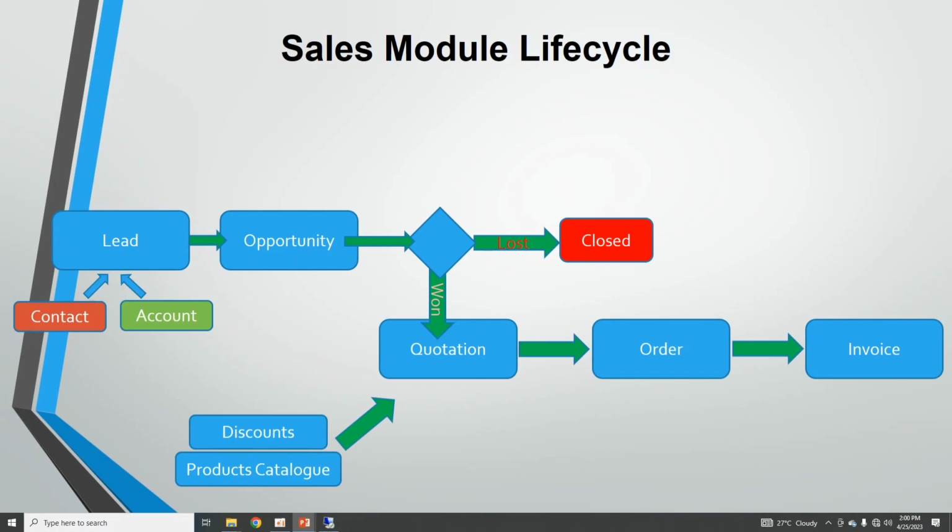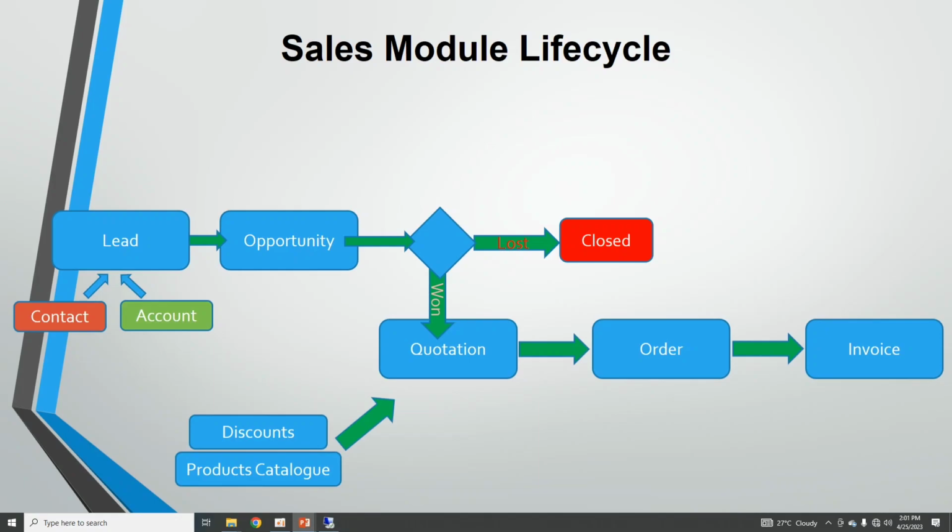If we talk about the sales module, this is the overall process, in which the lead, either a contact or an account, is converted to an opportunity. I've compiled a detailed video on this, but I'm summarizing briefly that the opportunity can either be won or closed lost.